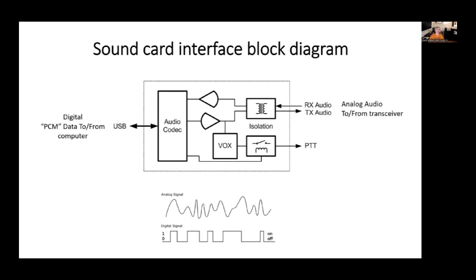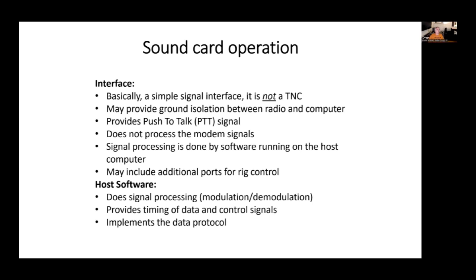We're not doing that here. We're producing an analog signal that represents a digital signal as it becomes transcoded at the computer. That's the sound card operation, so basically it's a simple interface.